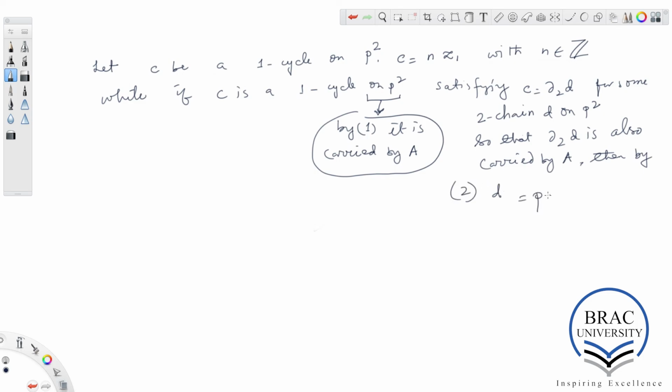D is equal to P times gamma for some integer value of P, right?